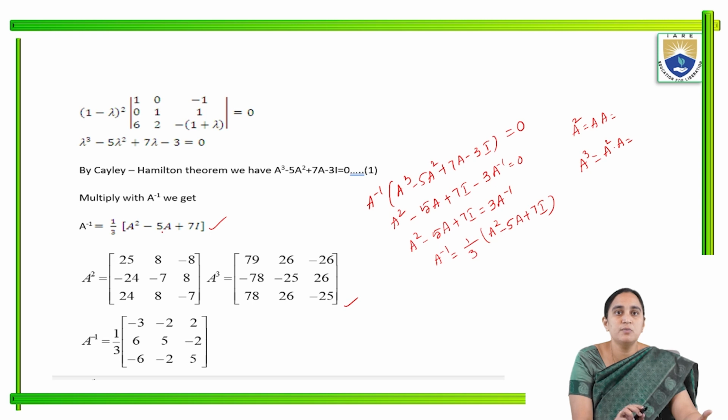This is A inverse. There we have to substitute the A square matrix, the A matrix and 7 into I. What is I? I means the identity matrix.